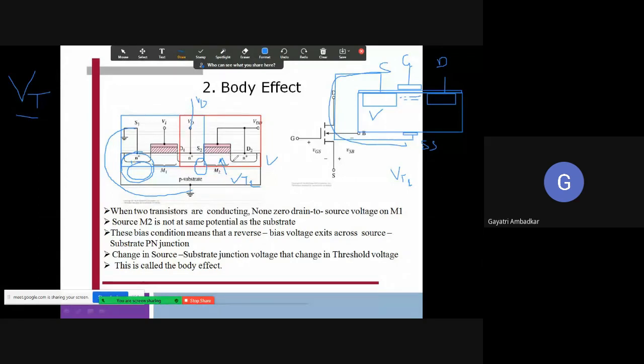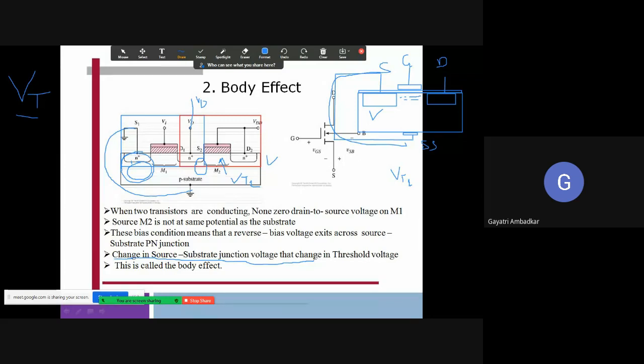So the value of VGS required to create the inversion layer, or simply the threshold voltage for this MOSFET, is not the same as the threshold voltage for this MOSFET. And this effect is called the body effect. The change in the source substrate junction voltage changes the threshold voltage.